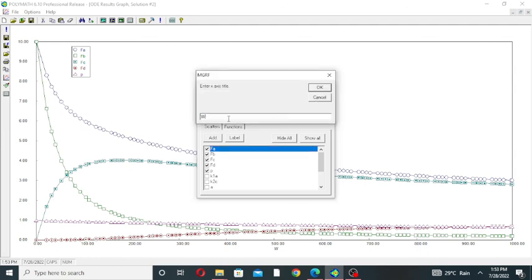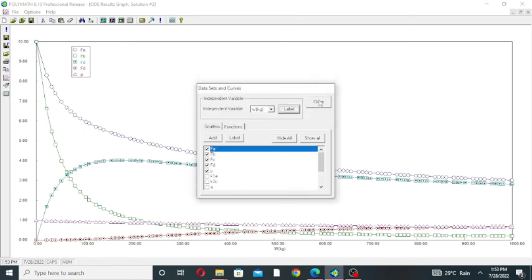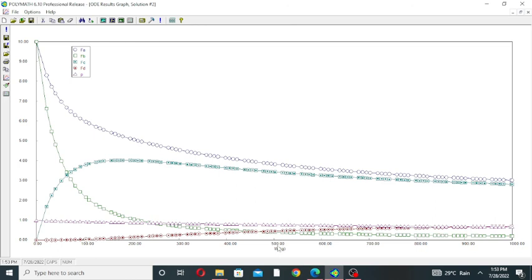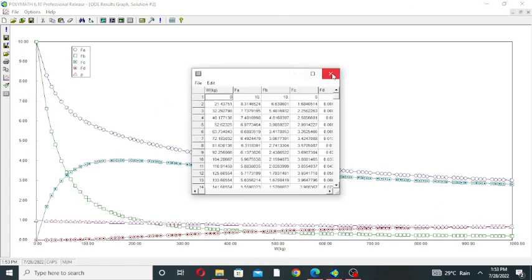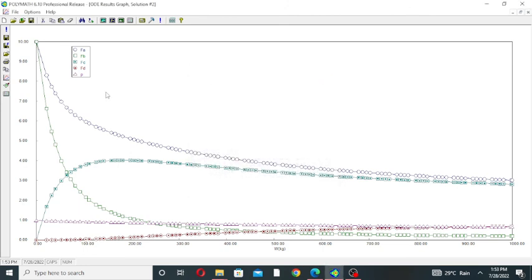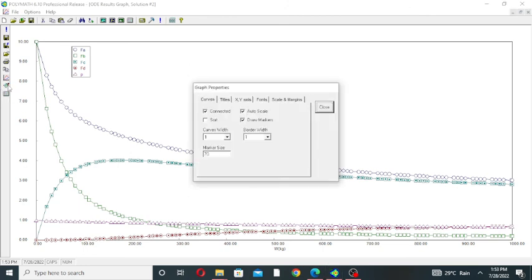The weight of catalyst is in kilogram, kg. Click on OK. So the weight of catalyst appears in kilogram. Now you can go to the table. This is the table, FA, FB, FC, FD, and this is the weight of catalyst. Similarly, this is the design.